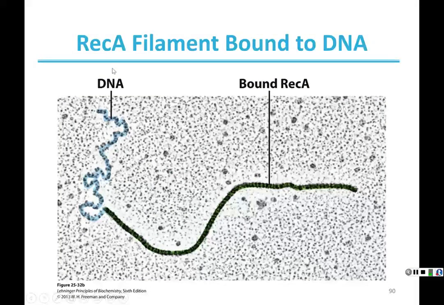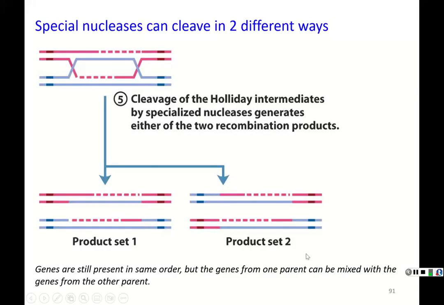This is an electron micrograph of that. So DNA by itself, shown here, it's very bendy and flexible. When it's bound to RecA, it's much straighter and has more tensile strength, more structure. Okay. Right, these Holliday junctions can be cleaved a number of different ways.